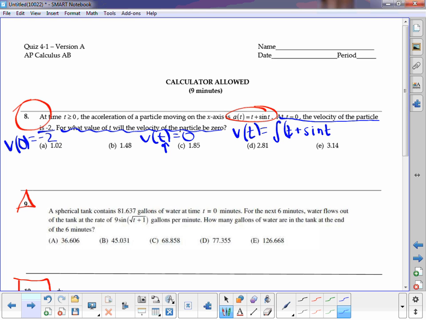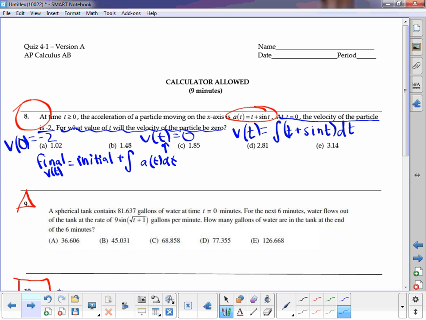And remember, you can't have your calculator do an indefinite integral for you. You have to be able to do the indefinite integral. Now, we've dealt with before where we had our final velocity equals that initial plus the integral of that acceleration.